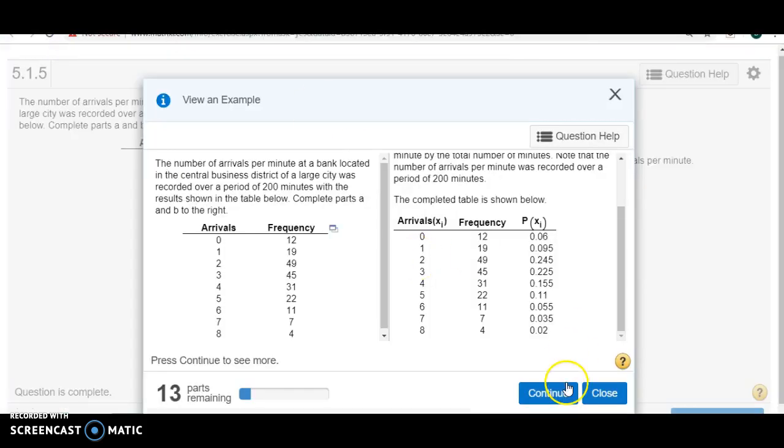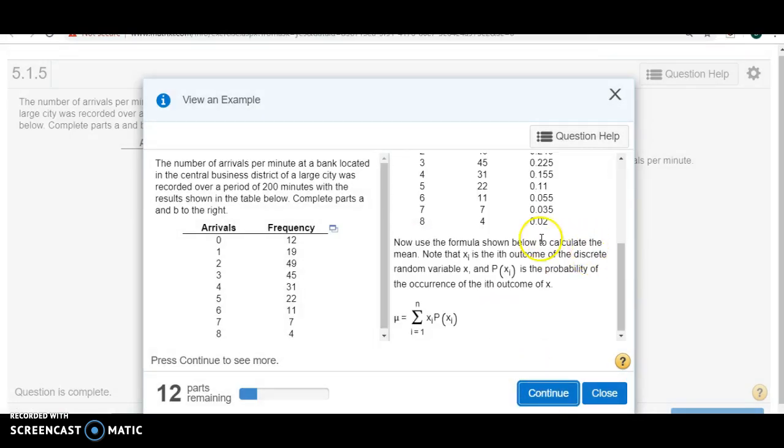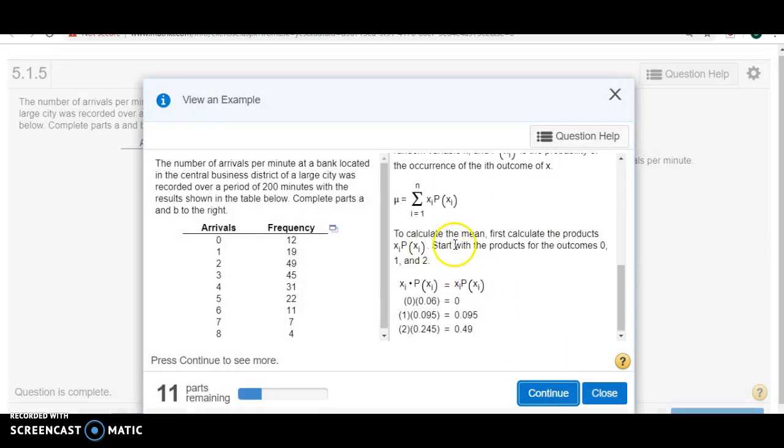Going back to Question Help, it says to use the formula shown below to calculate the mean. Note that xi is the ith outcome of the discrete random variable x, and p(xi) is the probability of the occurrence of the ith outcome of x. To calculate the mean, first calculate the products of xi times p(xi).